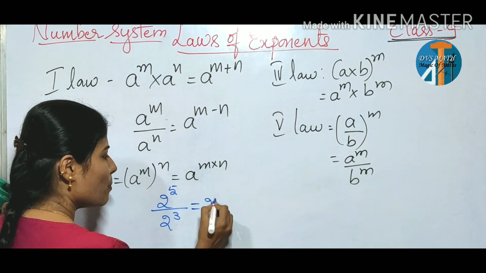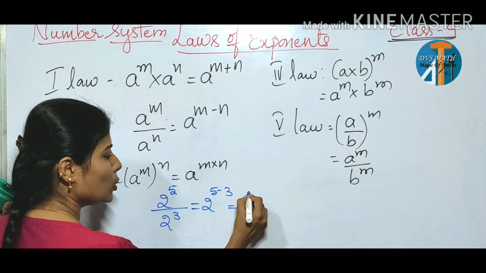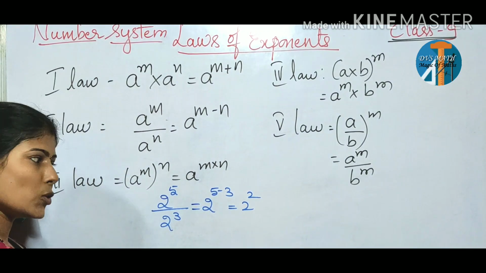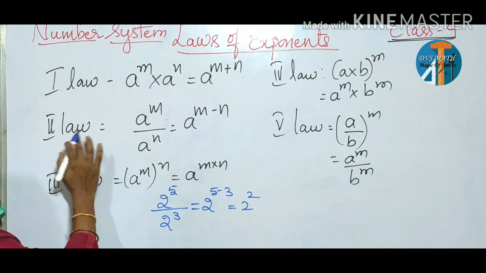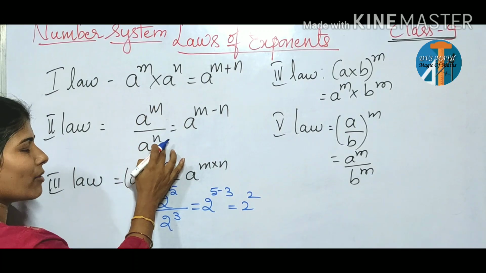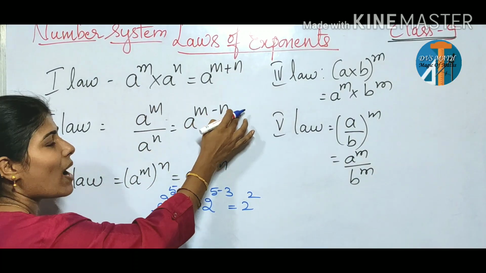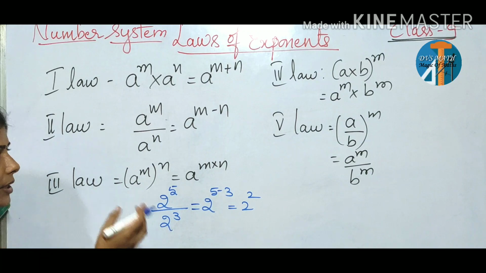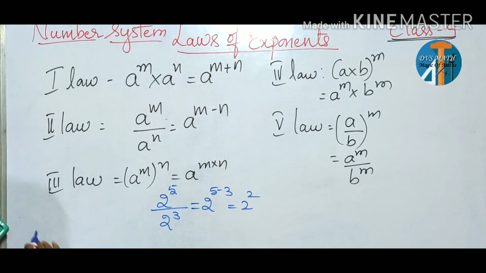It can be written as 2 power 5 minus 3, which is equal to 2 square or 2 power 2. So this is about the second law: A power m divided by A power n is equal to A power m minus n. Clear? So now let us go for the third law.